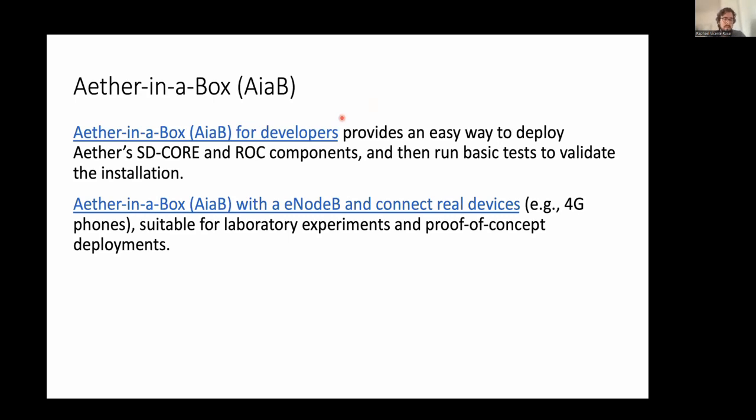So Aether-in-a-Box is a way to define an easy to develop and test environment and validate the installation of these components in a single machine. So a person can install this on their own laptop. And Aether-in-a-Box was also used to validate connectivity and basic tests in the lab for proof of concept deployments with a 4G network, in this case with an actual gNodeB device and a real UE handset.